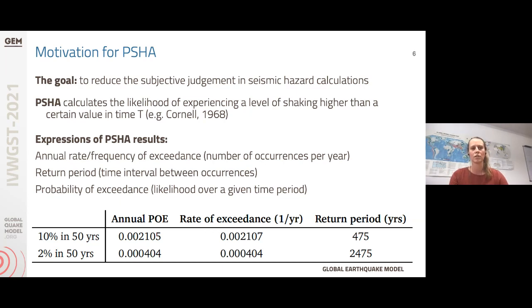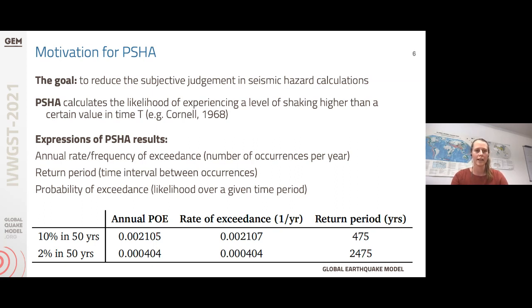And so to summarize this, PSHA has come to calculate the likelihood of experiencing a certain level of shaking higher than some certain ground motion level during an investigation time T, some time of interest that's pertinent to the hazard application. And there are a few different ways of expressing PSHA results.